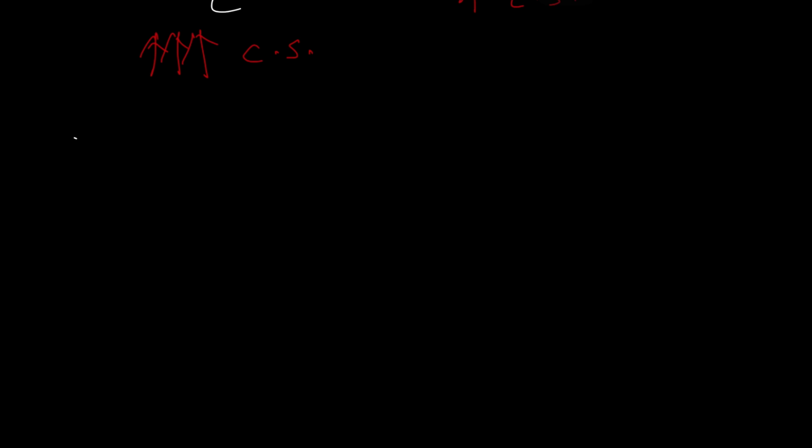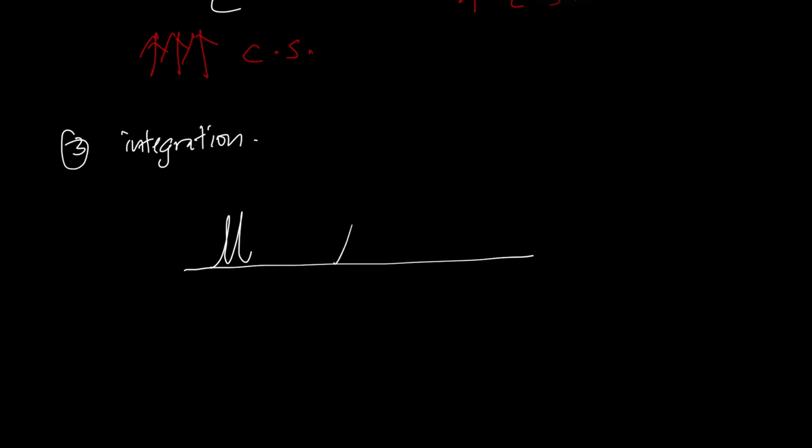So next is the integration, like what I have briefly told you at the beginning of this video. For example, now you have something like this: you have three signals. The integration normally appears as a line that overlaps with the signal, something that looks like this.